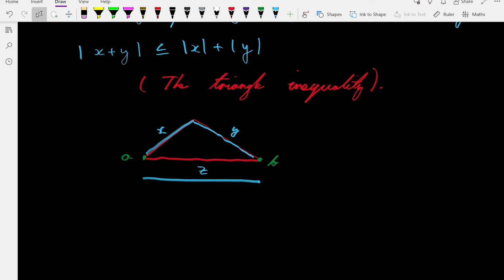Anyways, more on the triangle inequality in the future in the mathematical analysis series or the real analysis series.